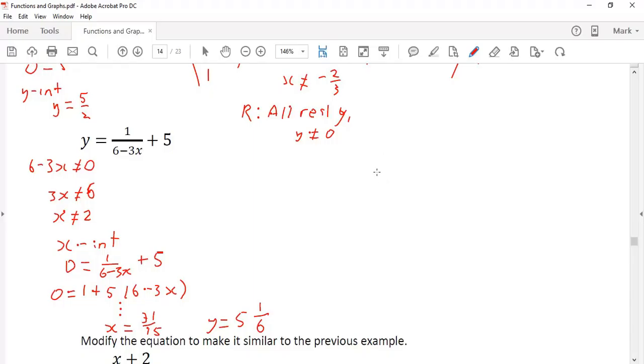Alright, so let's graph this now. Know that at x equals 2, there's an asymptote.